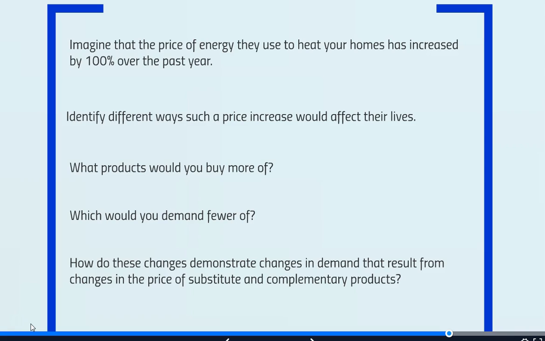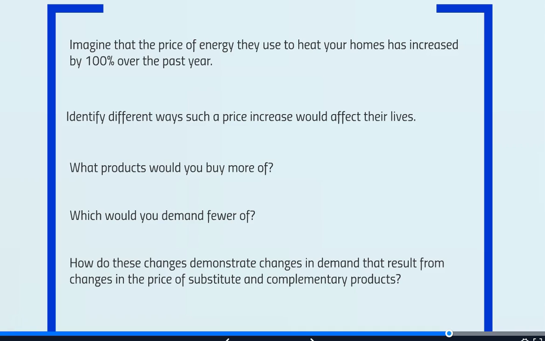You may take shorter showers because it costs money to heat water. You may put off some new home additions. You may not heat your swimming pool. So that would be things that you would demand less of if the price of energy increased that much. And how do these changes demonstrate changes in demand that result from changes in the price of substitute and complementary products?